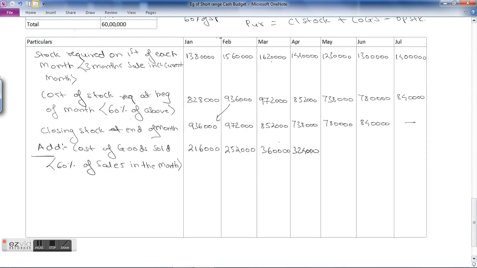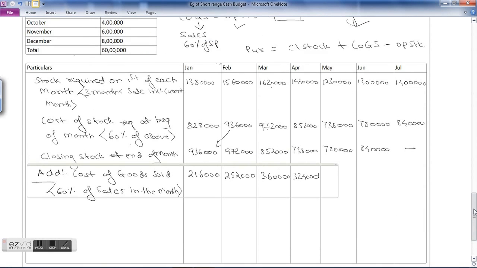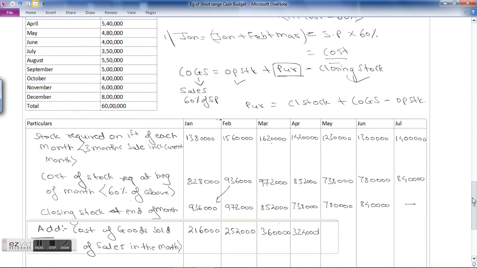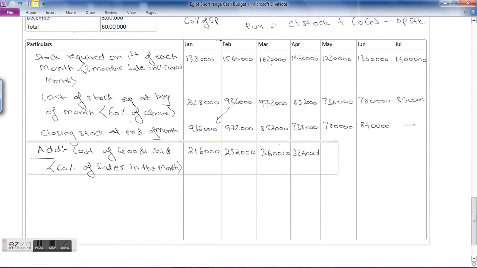For the month of May, how much is for the month of May? 4,80,000 into 60%.